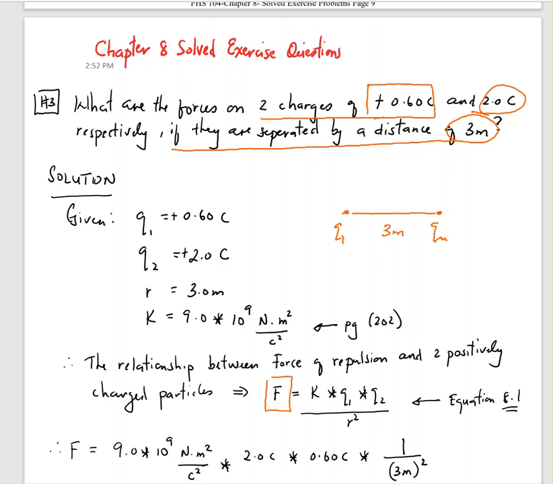The force imposed on these two charges at a distance of 3 meters can be expressed using this formula: the constant K, times Q1 times Q2, divided by the distance squared. You can find that in equation 8.1.